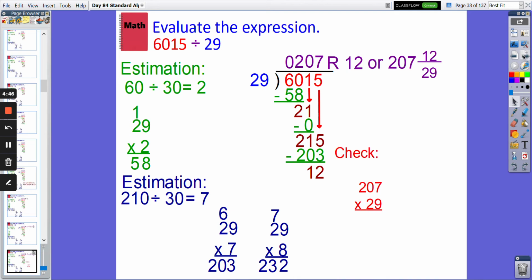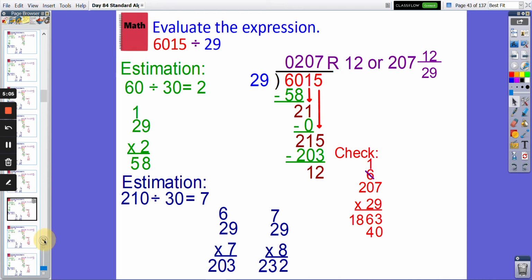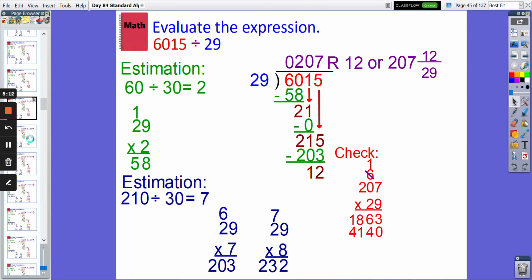So when we check our work with multiplication, we're going to do 207 times 29, and then at the end, we're going to add in our remainder of 12 and see if we get 6,015. It's important to always check your work with multiplication to see if your answer is accurate.